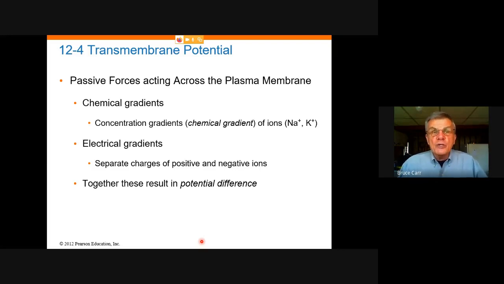Electrical gradients are responding to the attractions and repulsions of charge. So positive and positive will repel each other. Positive and negative will attract each other. The potential difference, plus or minus, and the magnitude of the voltage reading is really a measure of how much force there is across that membrane. The higher the voltage, the more the potential difference, and that means the greater the capacity for work.